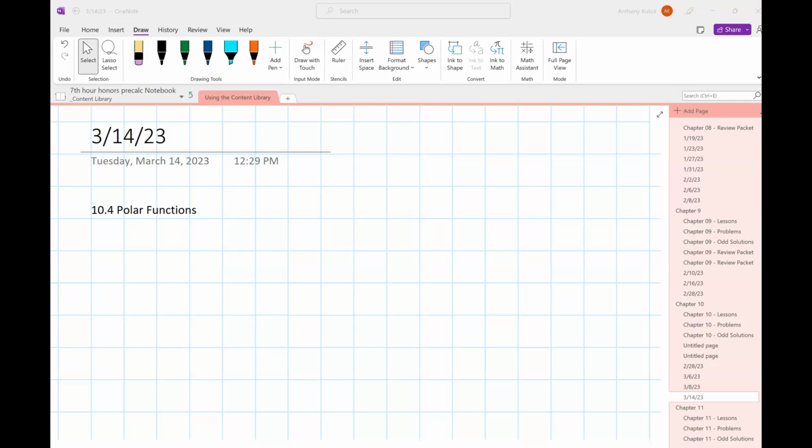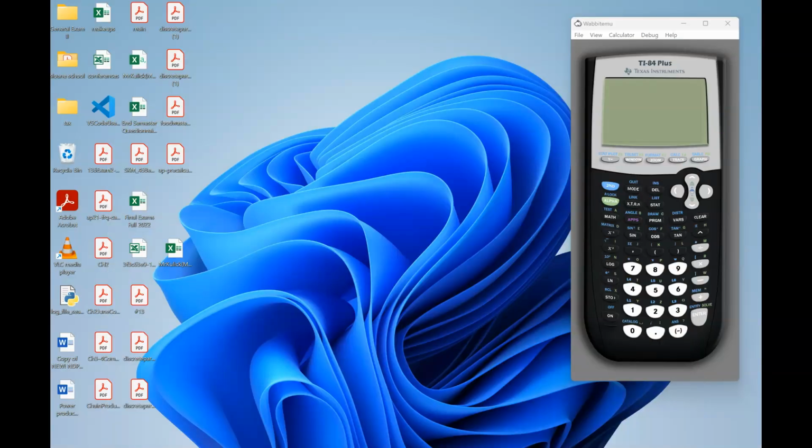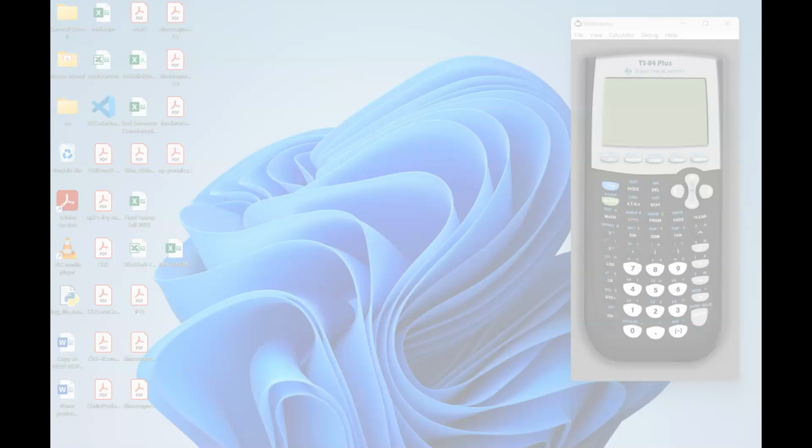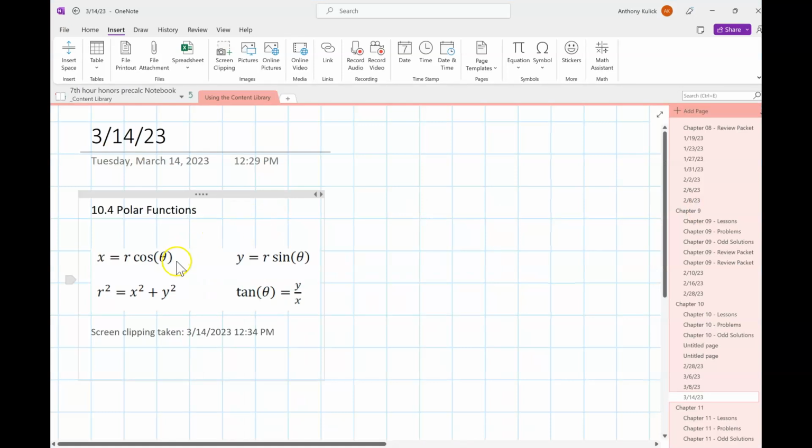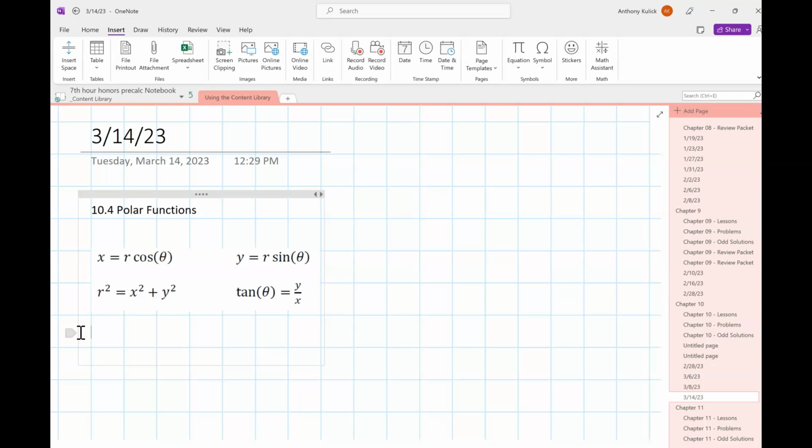To talk about this, our primary tool is going to be these 4 equations from the previous section that allowed us to convert between a polar point and a rectangular point.